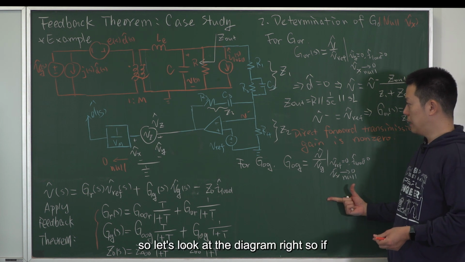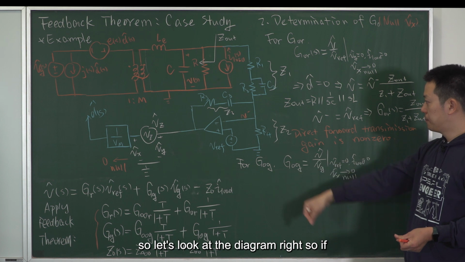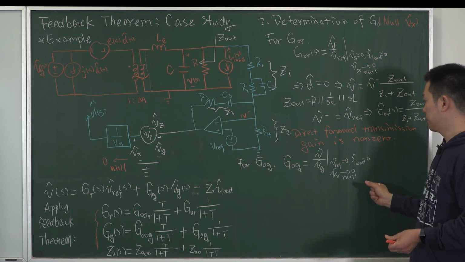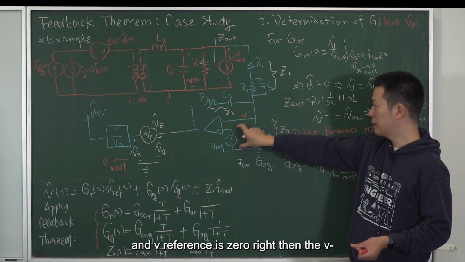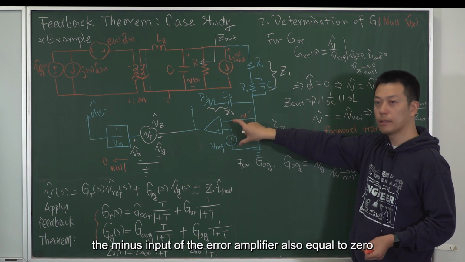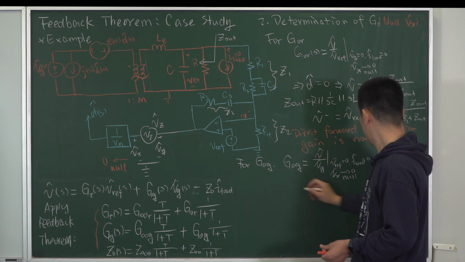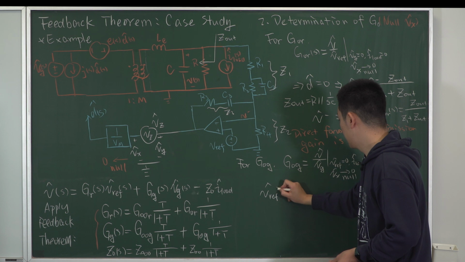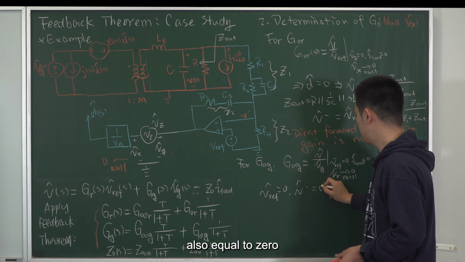So let's look at the diagram. If Vx is nulled to 0, and V reference is 0, then the V minus, the minus input of the error amplifier, also equals 0. V ref equals 0, V minus also equals 0.